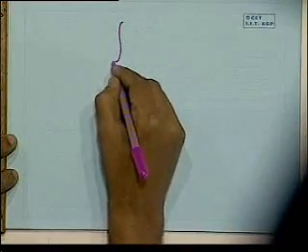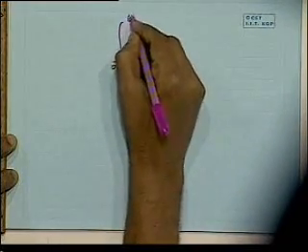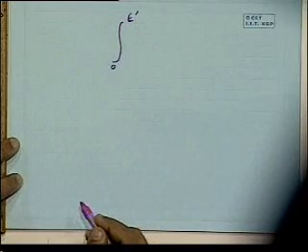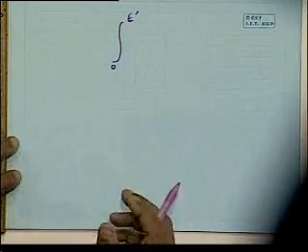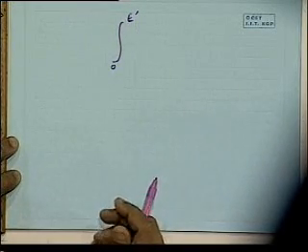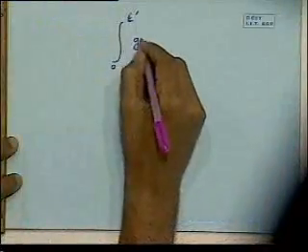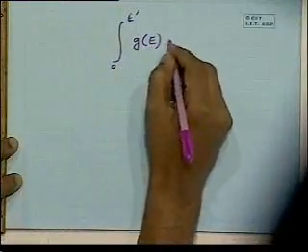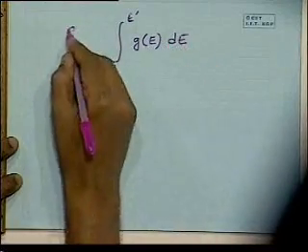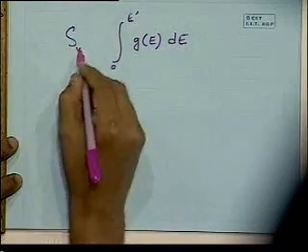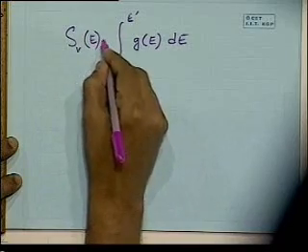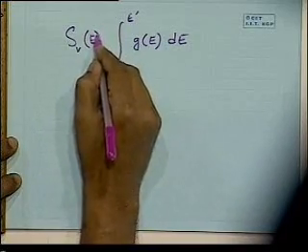So I can now integrate this up to a point. If you are interested to know, below some energy level E dash, the number of states per unit volume, I could integrate it from 0 to E dash, and that term we will refer to as the volume density.